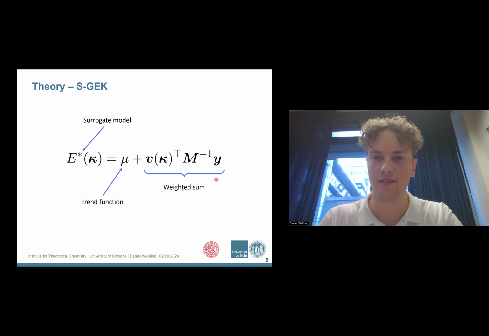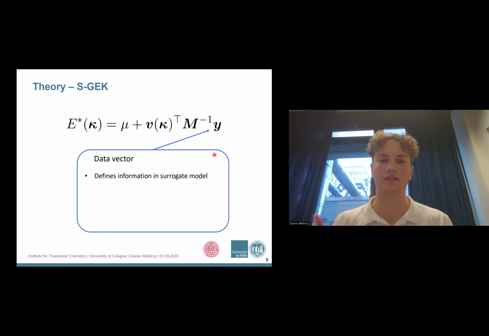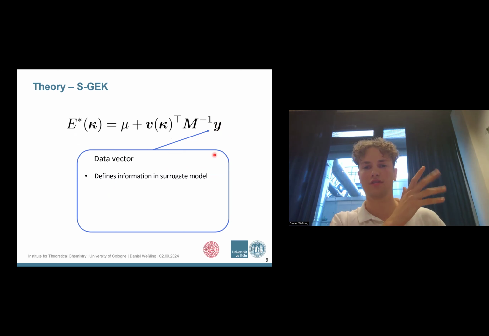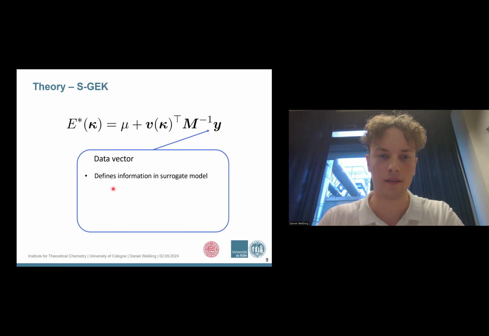What are these three variables here, or matrices, vectors? So this first one here, this y is the data vector, and it really defines the information that we access from the Hartree-Fock or the SCF into this surrogate model. So it defines really our surrogate model.